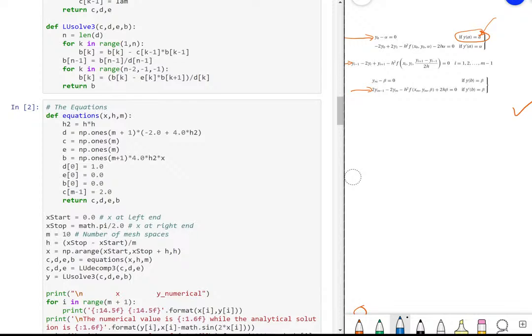We can form simultaneous equations, meaning from these three equations you can create a matrix wherein you have y0, y1 up to ym.